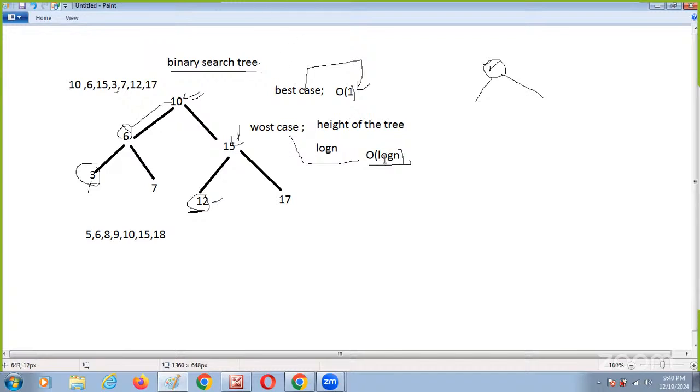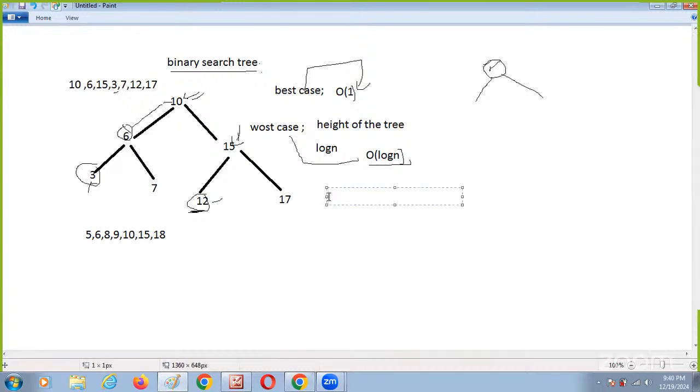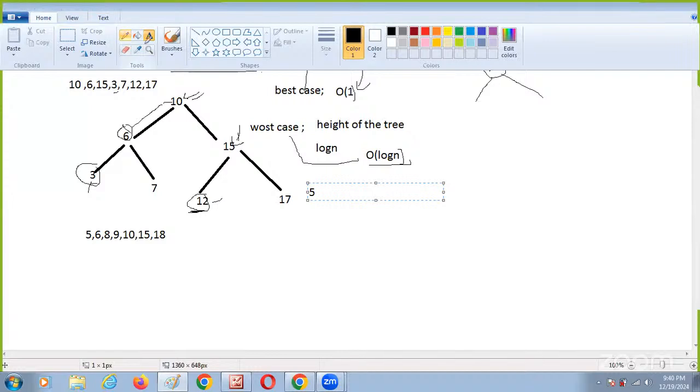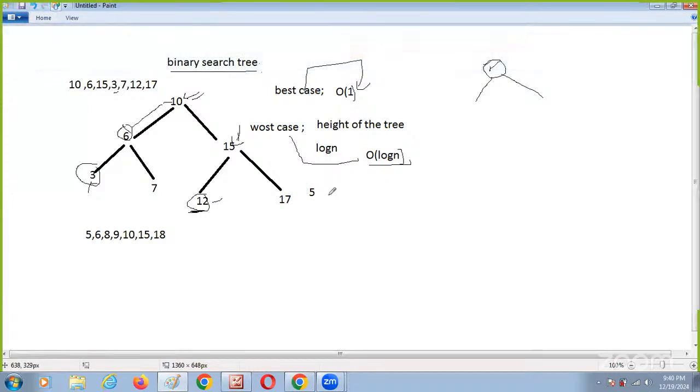So now tell me, first 5. What is the first? 5 is a root node.